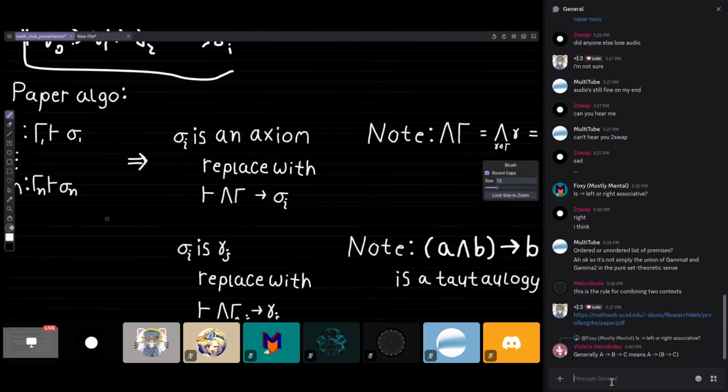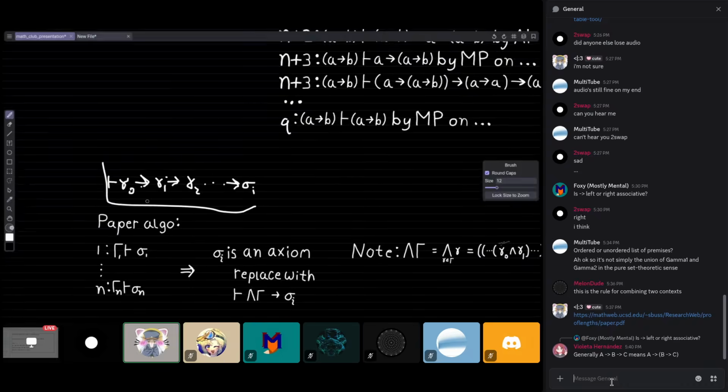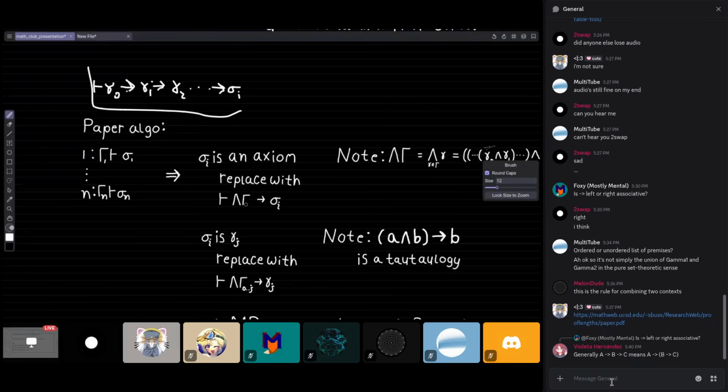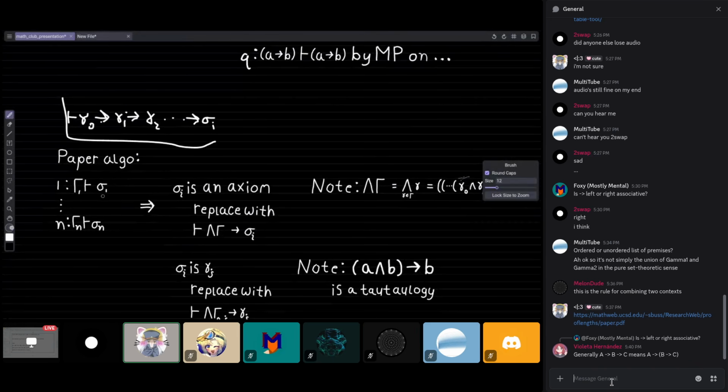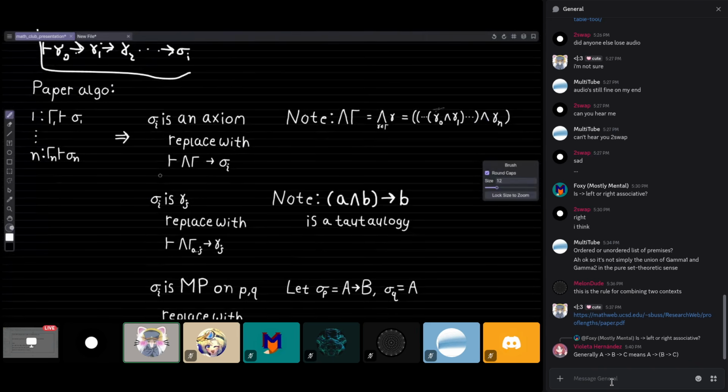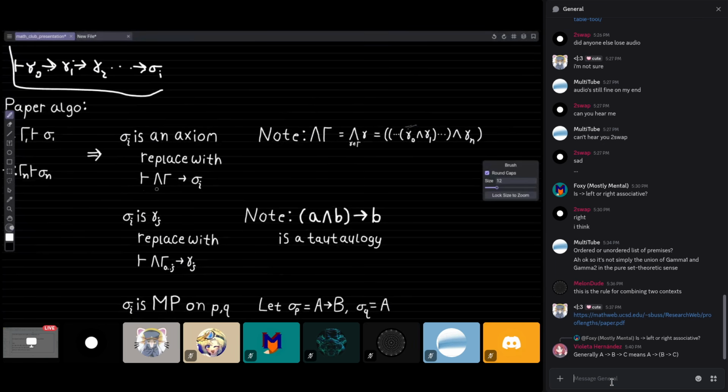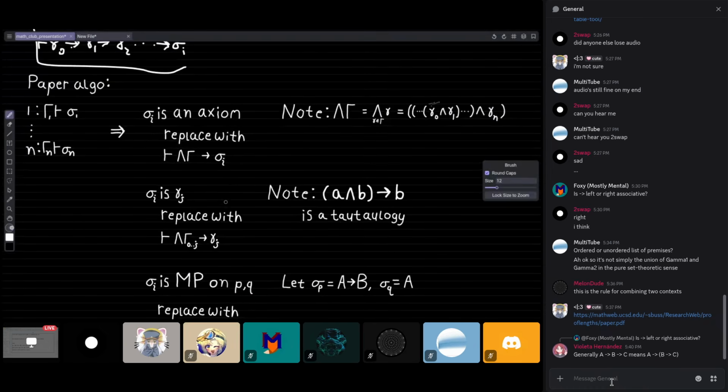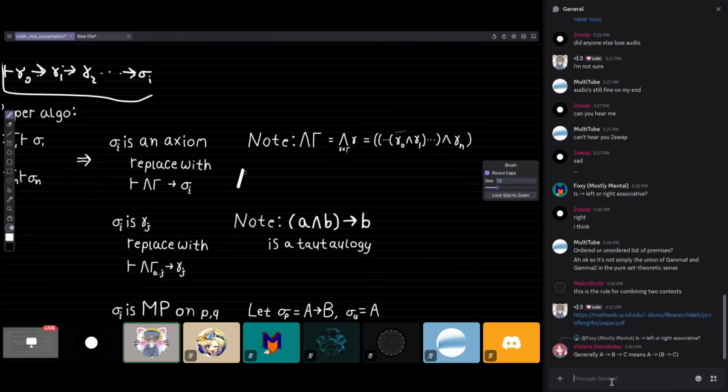What the paper would have you do, for the case where sigma I is an instance of an axiom, is replace it with the conjunction of gamma implies sigma I, which you can do with A1.